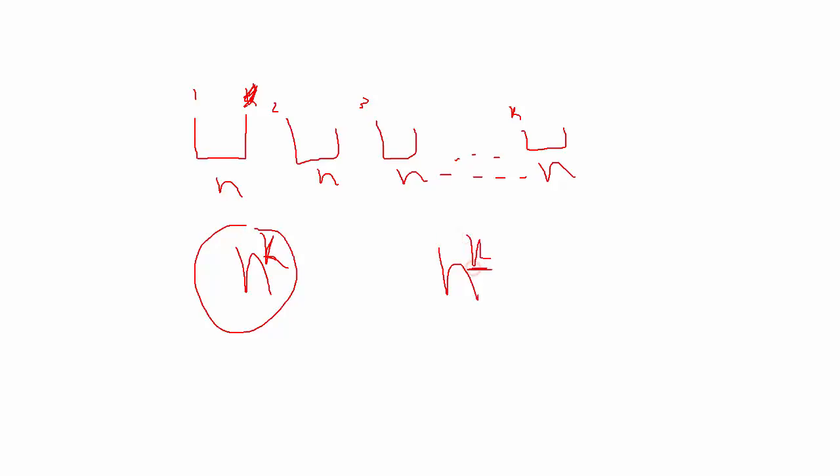Okay, n to the power of k is the answer, because here we have n, and so on, and this is k times. So how do you feel about that? It's very, very easy to remember. One of them is n to the k, the other one is n to the k falling. It's very similar in the way of writing it down.